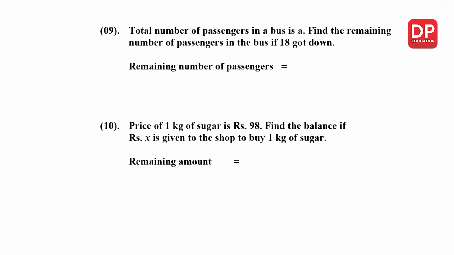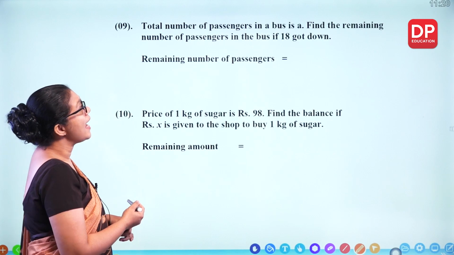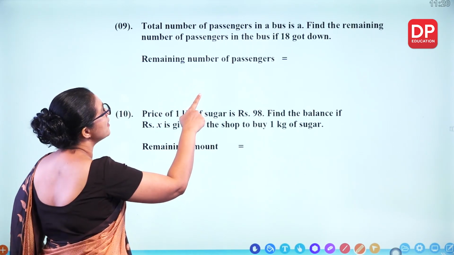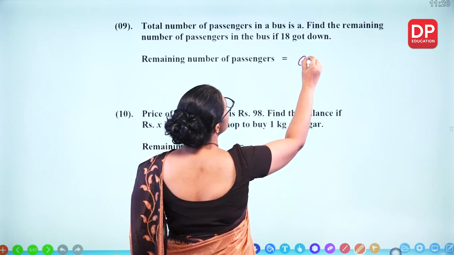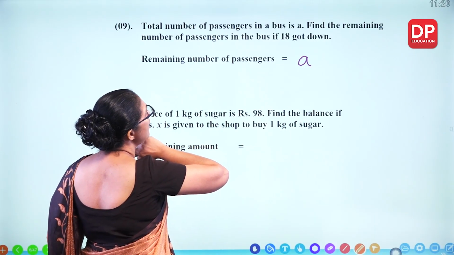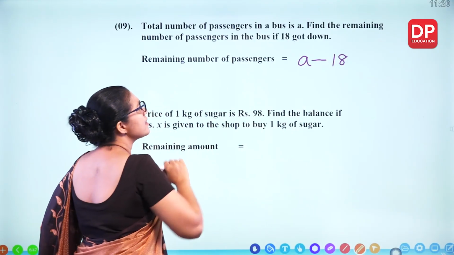Total number of passengers in a bus is A. Find the remaining number of passengers in the bus if 18 got down. So the remaining number is, A number of passengers were there, and 18 got down. You subtract 18.